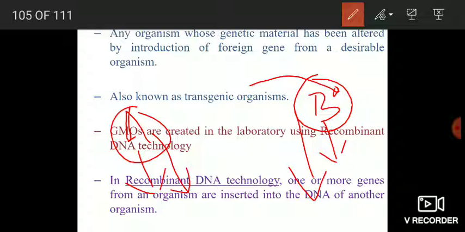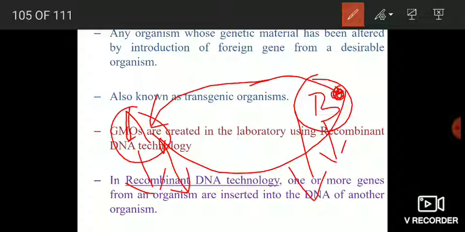Now you wish to insert this gene, which gives resistance, from species B into the genome of species A. The procedure that helps you to take this gene from species B and insert it into the genome of species A is known as recombinant DNA technology.